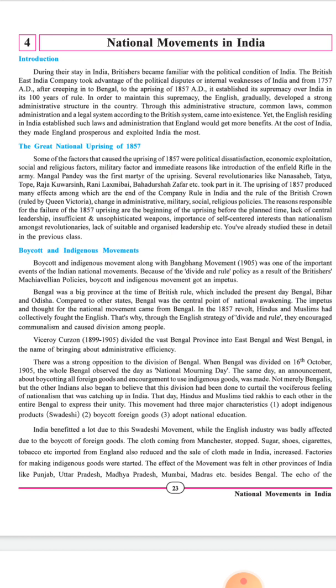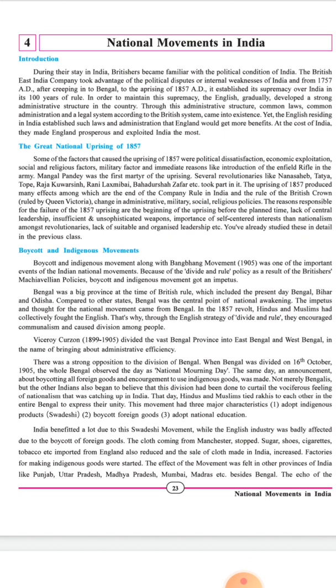They made use of political disputes and the internal weakness of India, and from 1757 AD, after creeping into Bengal, extending their power in Bengal up to the uprising of 1857 AD, it established its supremacy over India in its 100 years of rule.